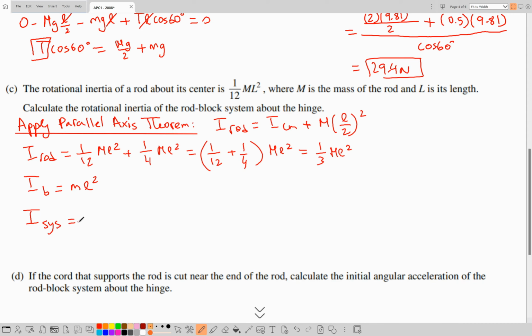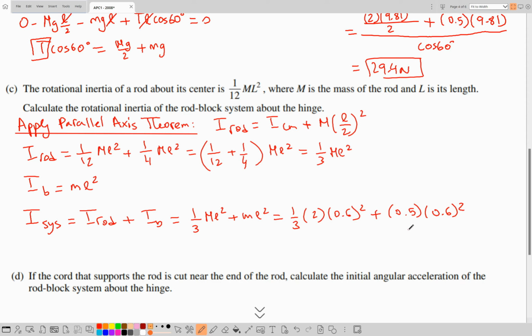Then I of the system would be I of the rod plus I of the block, which means 1/3 ML² plus ML², and that would be 1/3 times the capital mass, which is 2, times L, which is 0.6, to the power of 2, plus small m, 0.5, multiplied by 0.6 to the power of 2. Plugging that expression into the calculator, we get that the rotational inertia for the system consisting of the rod and the block is 0.42 kilogram meter squared.